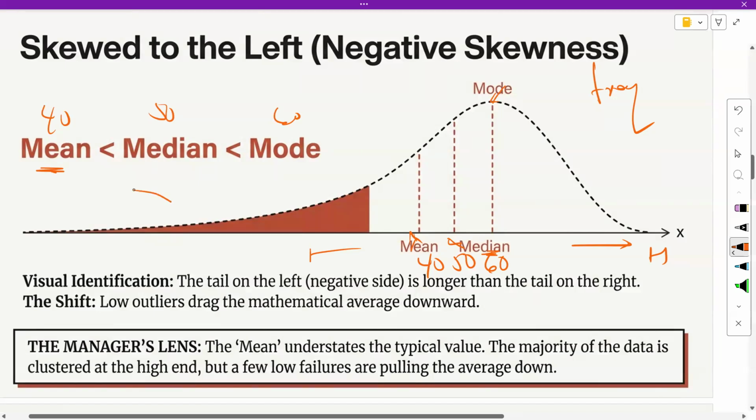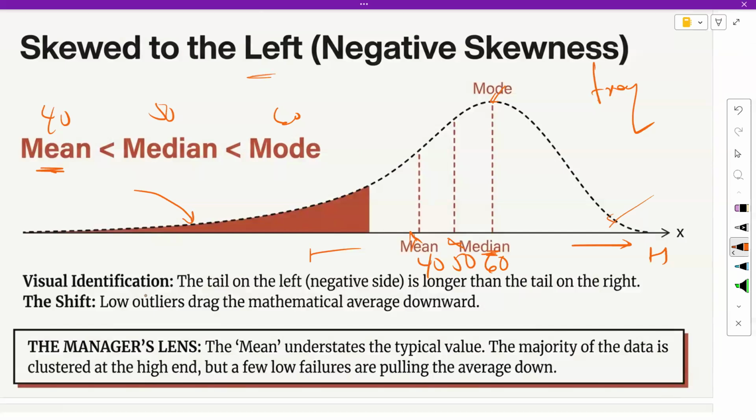You see a tail. The left tail is longer than the right. Where you can see the tail on the left side, you can see that it's negatively skewed.